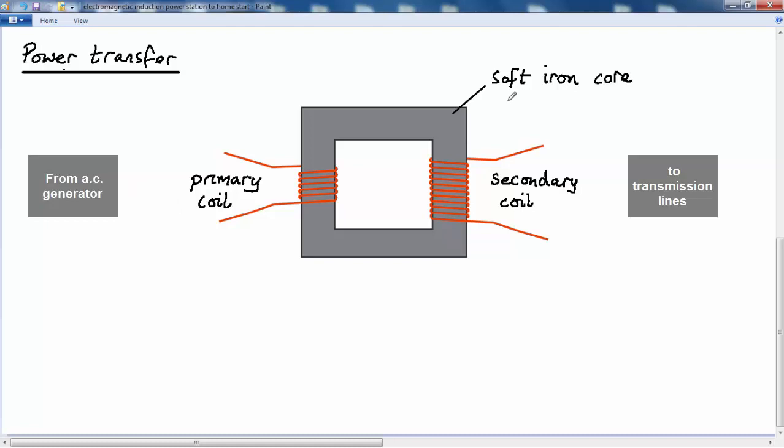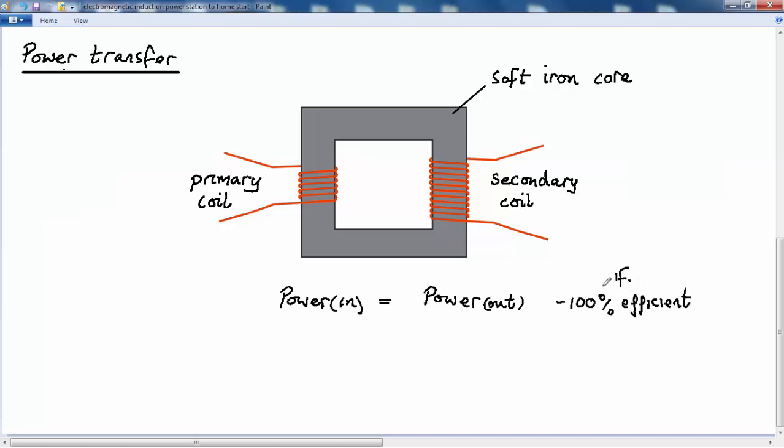Remember that these soft iron cores are magnetically very soft materials, so they are virtually 100% efficient. That's to say, virtually all of the electrical energy that comes out of the alternator and into this primary coil is transferred into the secondary coil and away along the transmission line. So we can say that the power in is equal to power out, assuming again that the transformer is 100% efficient, which it very nearly is. What does that mean then?